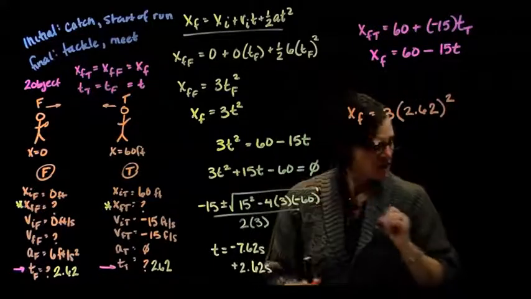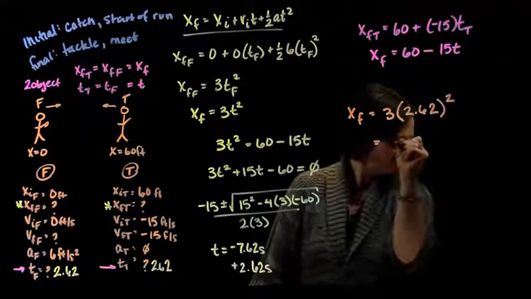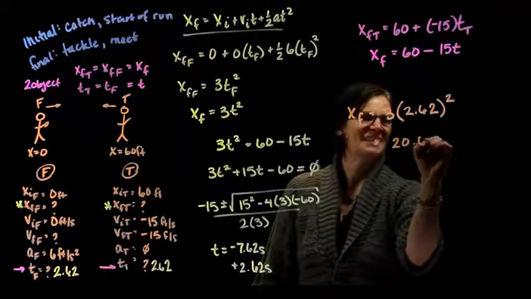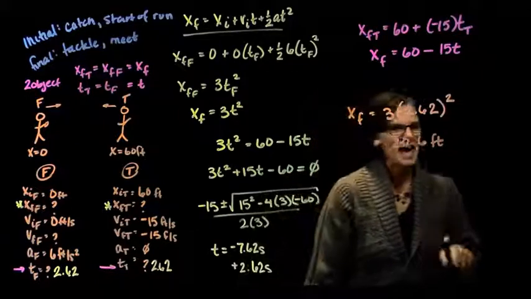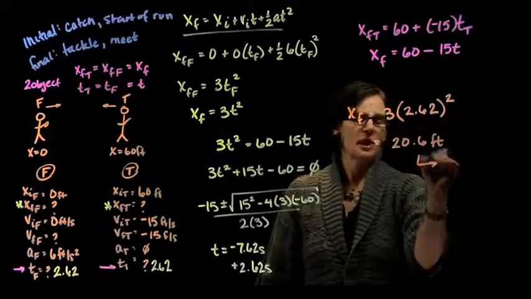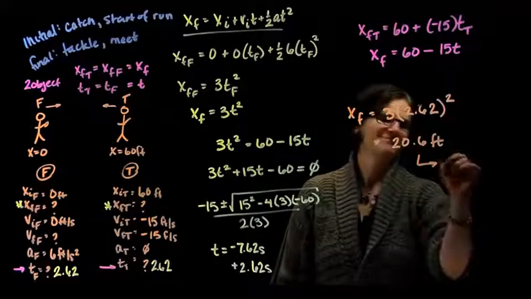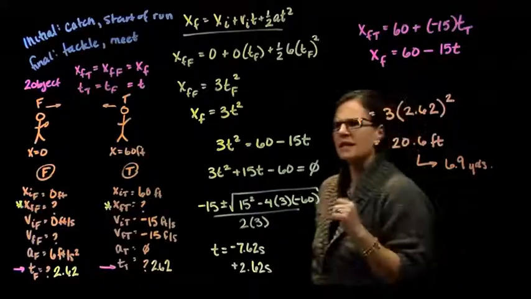And when I solve for that, I find that x final is equal to, I'm looking at your book again, 20.6 feet. Now, that's going to be feet. If we also want to think about it in yards, divide that by 3, and we get about 6.9 yards. Does that answer make sense?